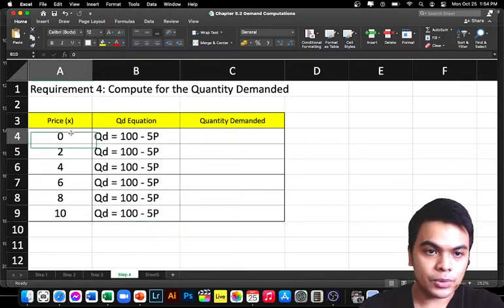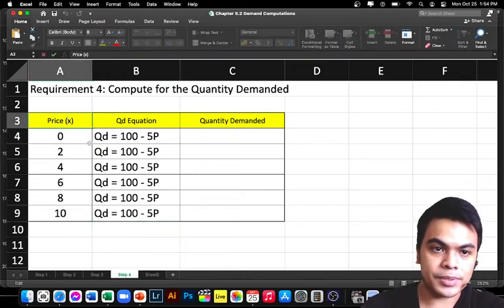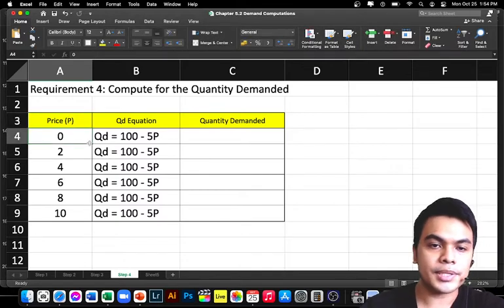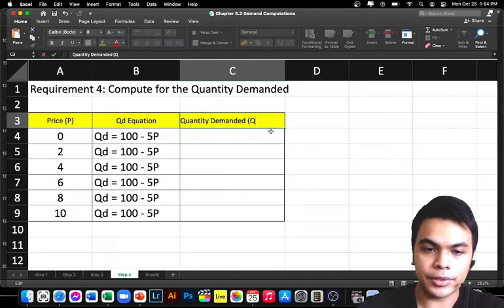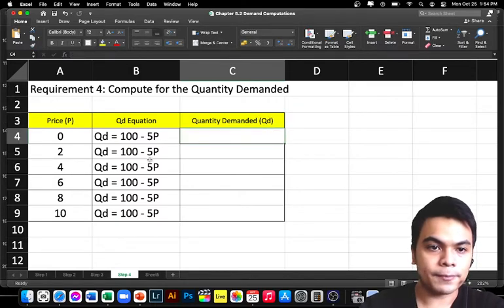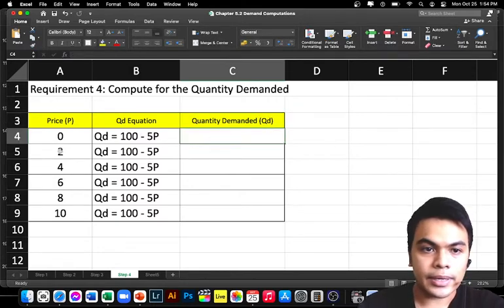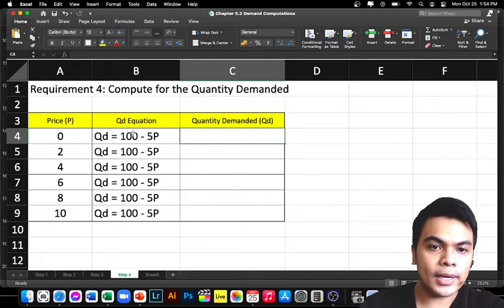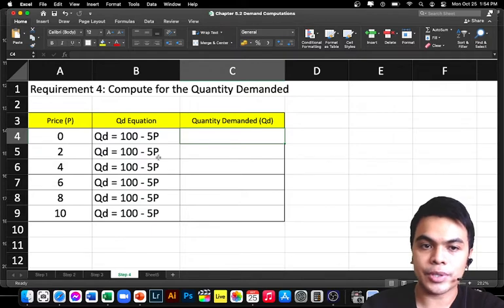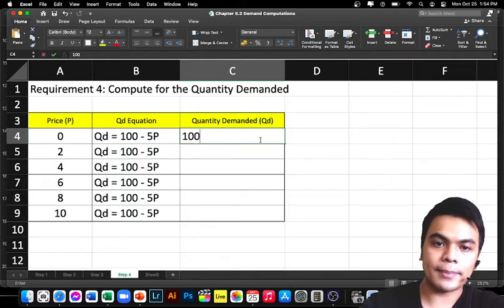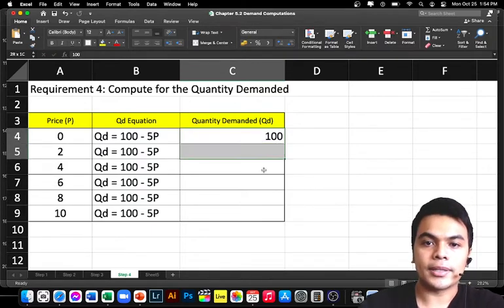So if price is 0, again, x is p. What would be the quantity demanded or your QD? So let's compute. QD is equal to 100 minus 5 times 0. Of course, 5 times 0 is 0. Therefore, our quantity demanded is 100.